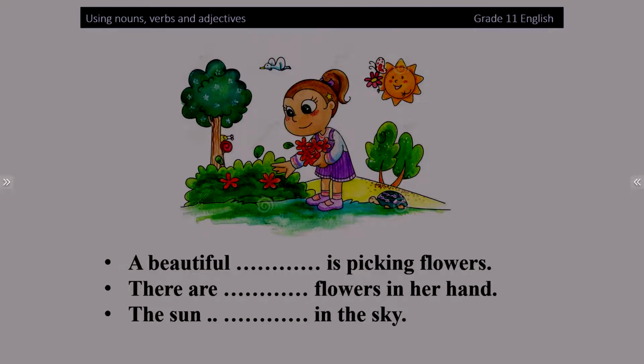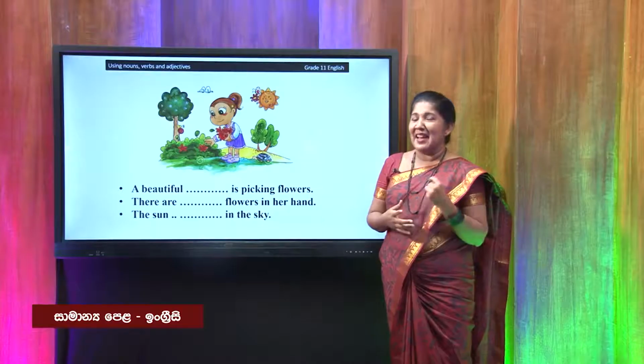Right? So you can say the number of flowers, or maybe you can say the color of the flower. So it depends on the way you look at the picture, you study the picture. And then the third one, the sun blank in the sky. Now what is the sun doing here? Okay? Write an answer for that.